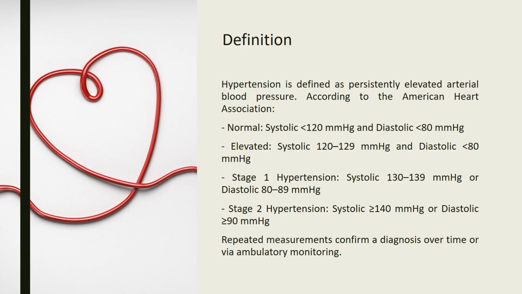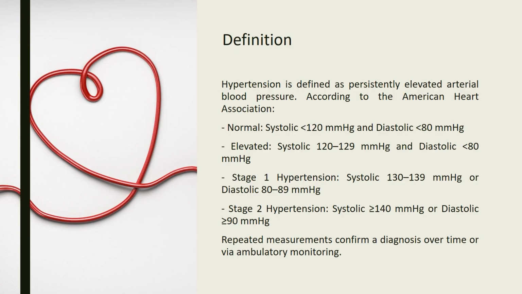Normal: systolic less than 120 mmHg and diastolic less than 80 mmHg. Elevated: systolic 120 to 129 mmHg and diastolic less than 80 mmHg. Stage 1 hypertension: systolic 130 to 139 mmHg or diastolic 80 to 89 mmHg.